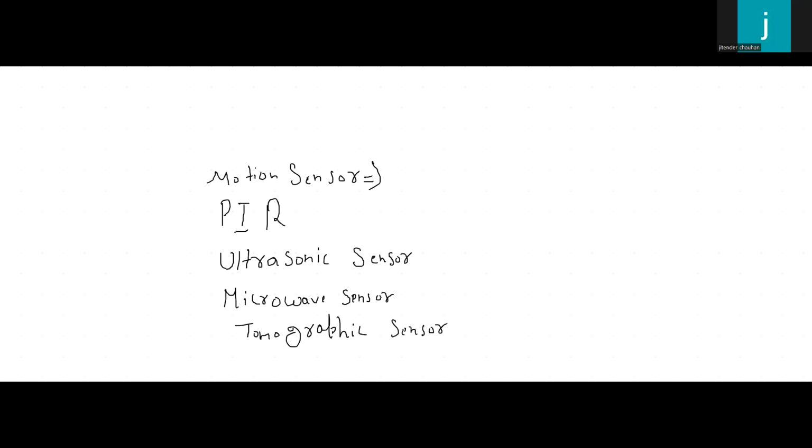The PIR sensor detects infrared radiation changes. The ultrasonic sensor emits ultrasonic waves and measures the reflection and time to detect the movement.